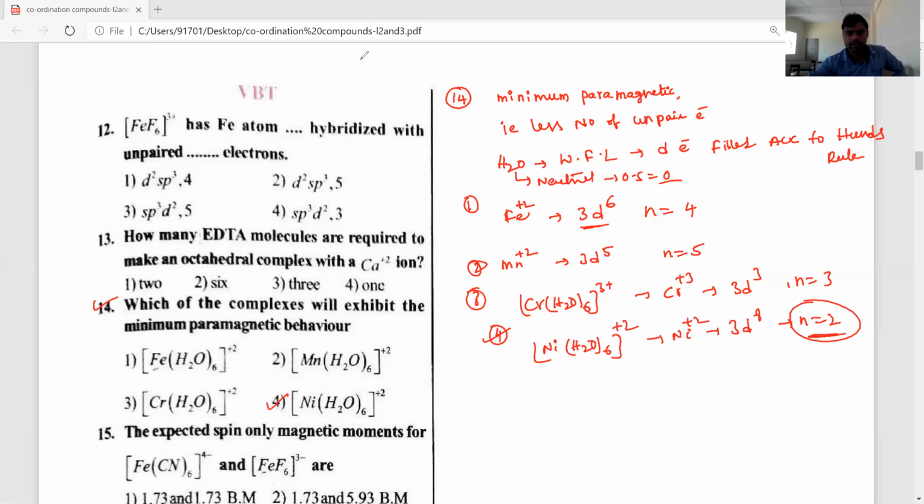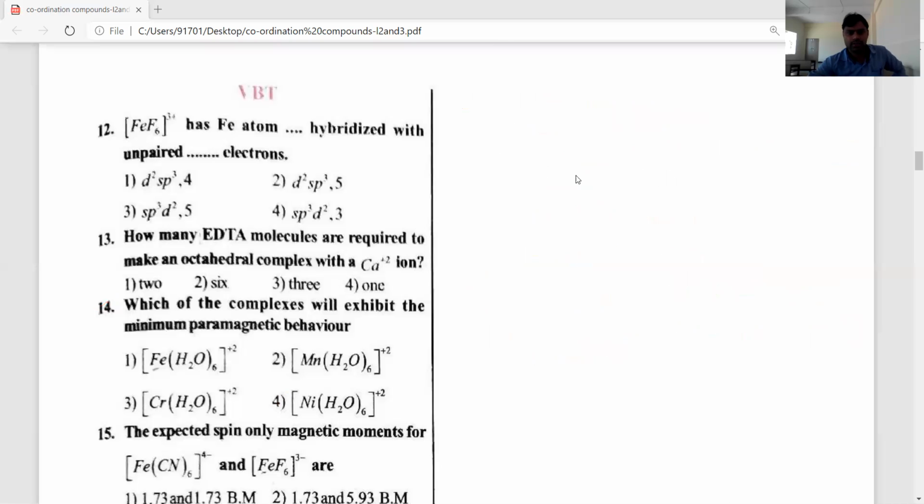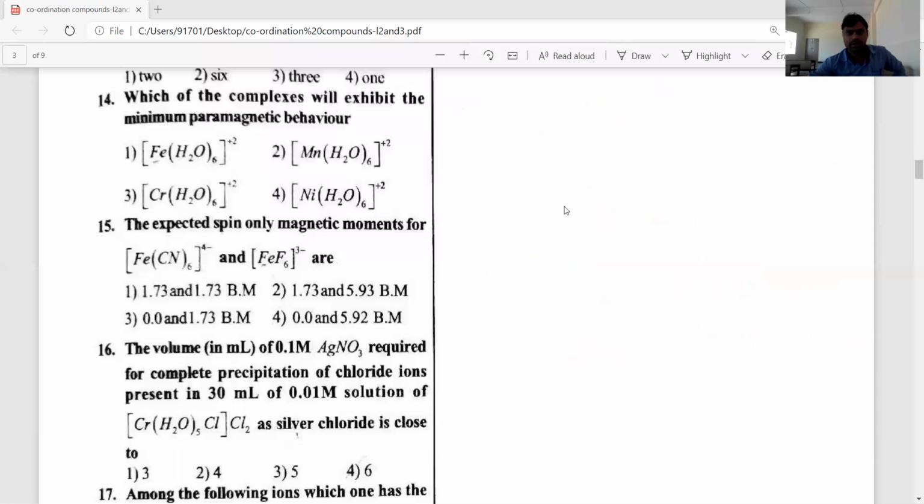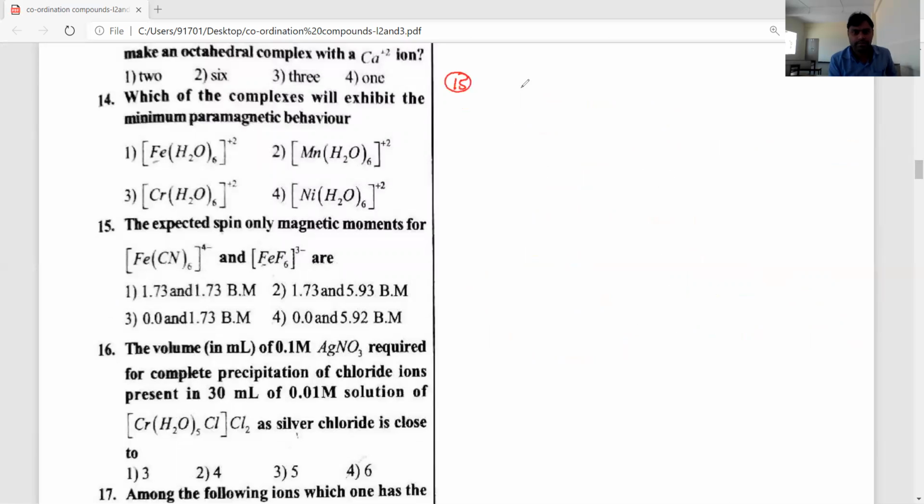Okay, students. Let's see the 15th question, very easy. [Fe(CN)6]4-: iron is present in the +2 oxidation state.